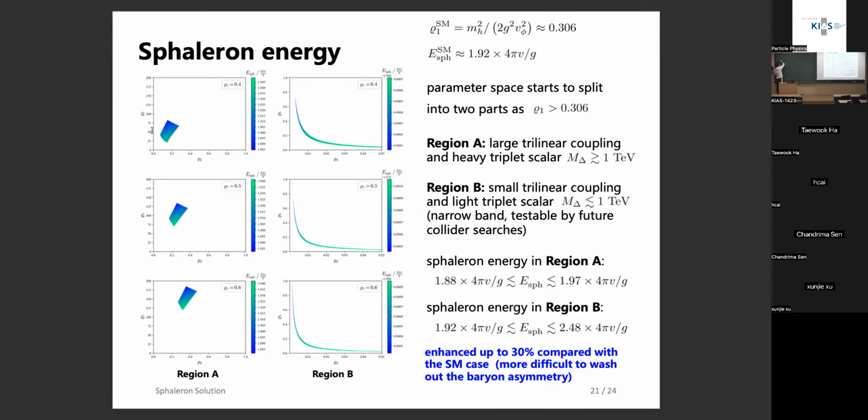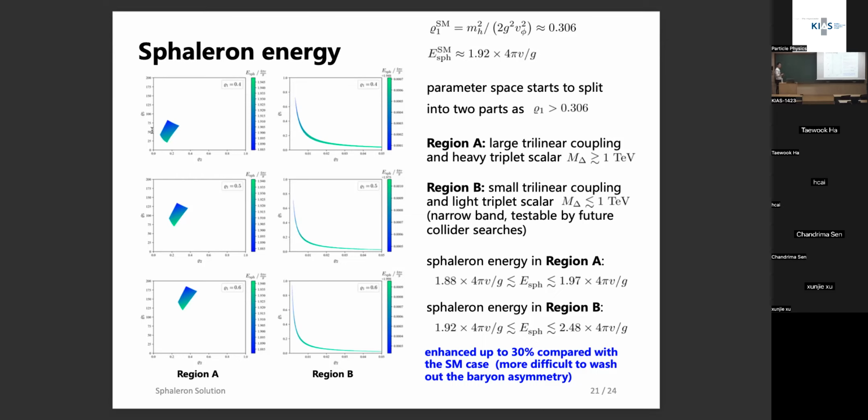And if the Sphaleron rate inside the bubble is also in thermal equilibrium, then the inverse process of Sphaleron will wash out the generated baryon symmetry. So we require the Sphaleron rate inside the bubble to be smaller than the bubble expansion rate, which means a departure from thermal equilibrium. And now, if we have a larger Sphaleron energy, which means we have a smaller transition rate, then this condition is easier to be satisfied.